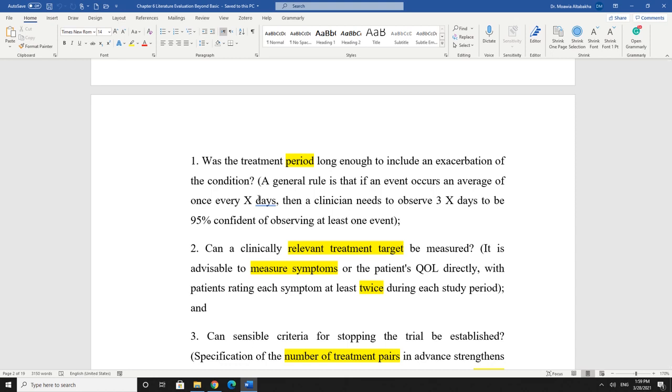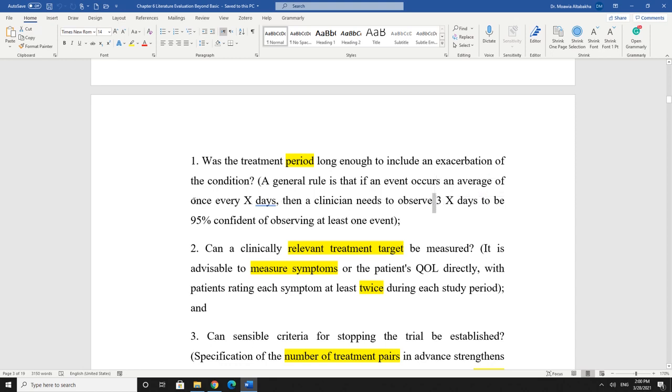Okay, for example, if the pain happens, or if the migraine happens, let's say once every week. Okay, so once every X days, say a week, 7 days, then the treatment should cover a period of 3x days, meaning 3 into 7 days, or 3 weeks, in order for you to judge whether there is improvement or not.